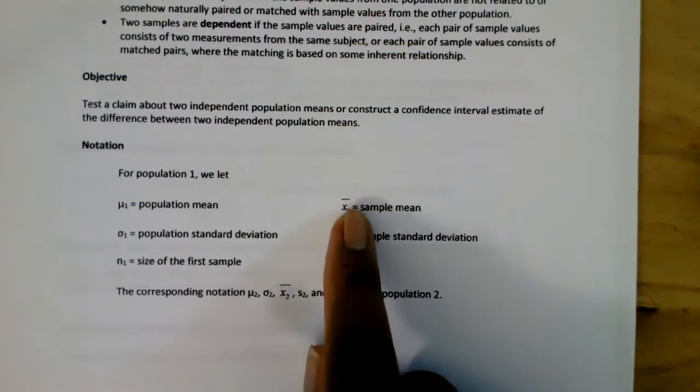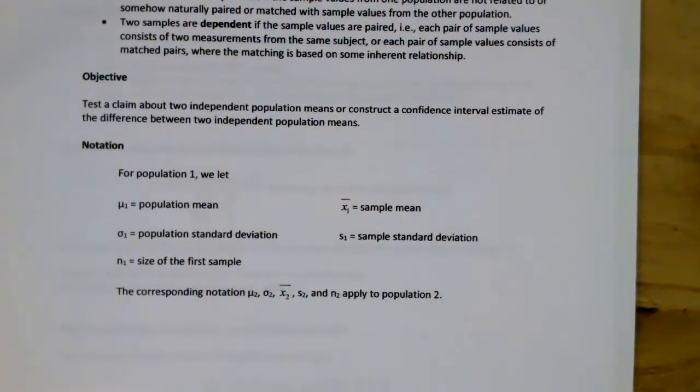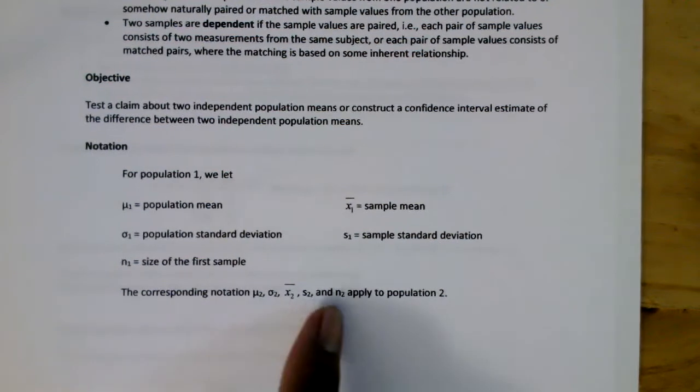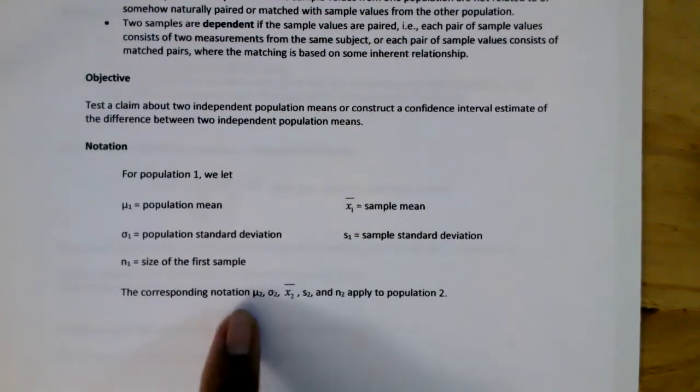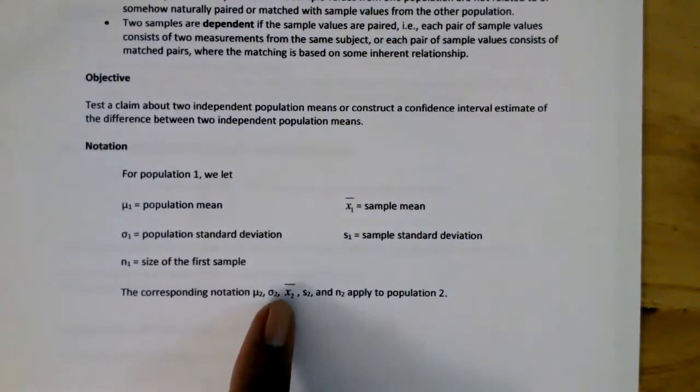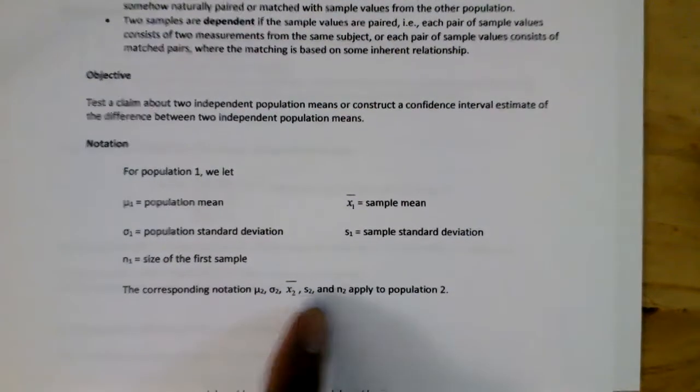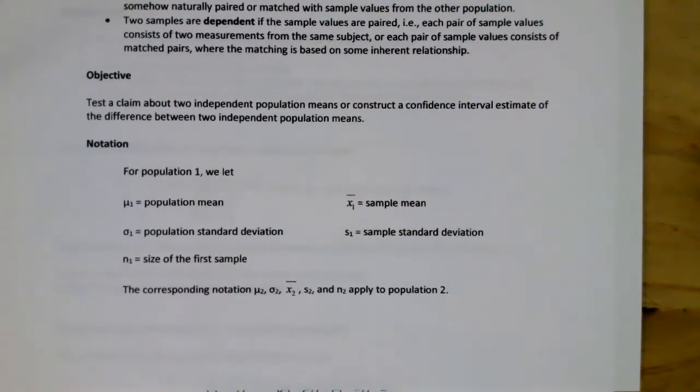X1 bar is the sample mean. And S1 is the sample standard deviation. For population 2, that's the corresponding notation: mu sub 2, sigma sub 2, X2 bar, S2, and N2.